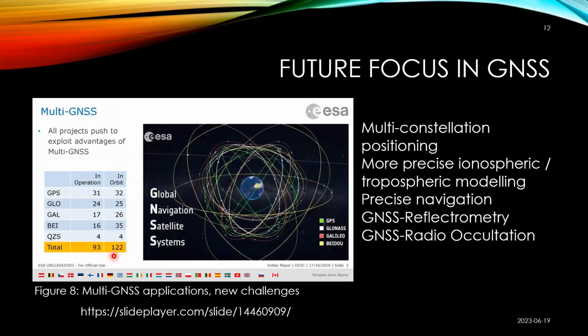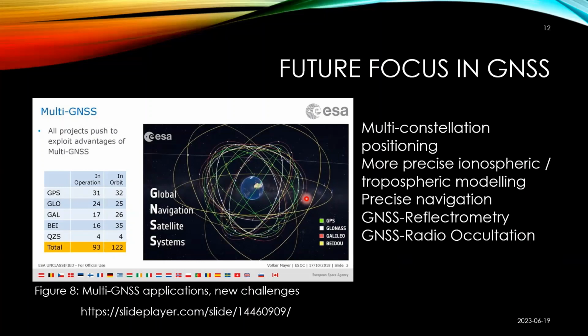We have many satellites, as you see in the image here. Many satellites all around the Earth are moving, and in the future we will be able to use all of the satellites for positioning, so there will be much more redundancy than we have now.